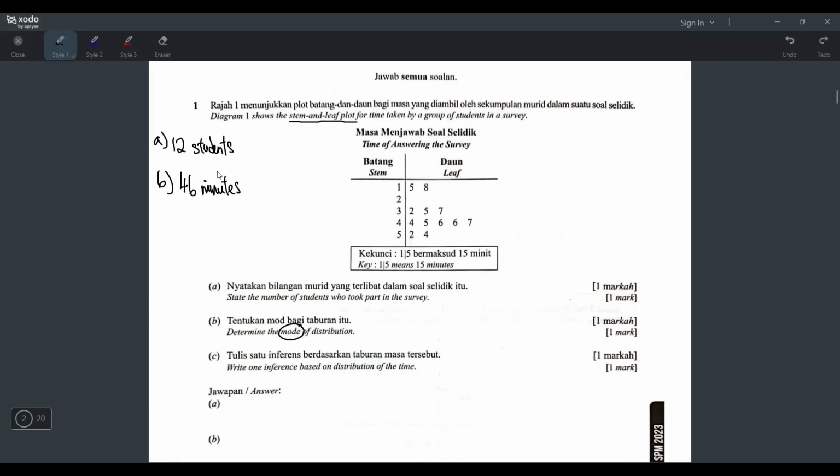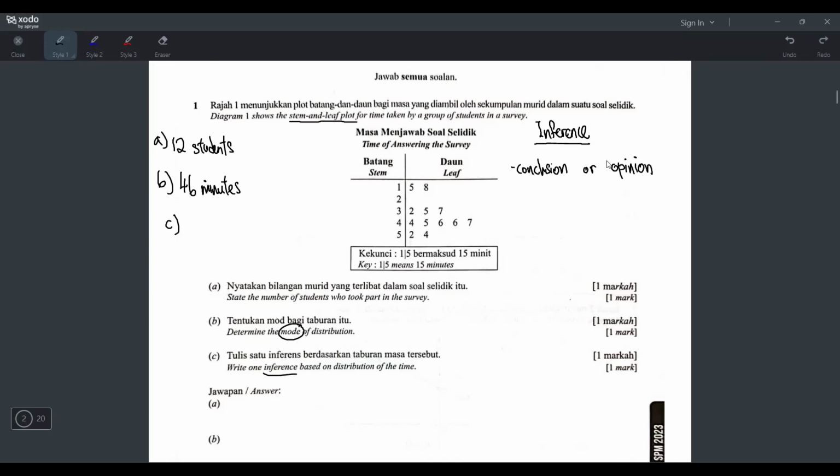Okay, now for C, write one inference based on distribution of the time. Okay, what is inference? Inference is like conclusion lah. So inference is a conclusion, or opinion. Opinion means pendapat.